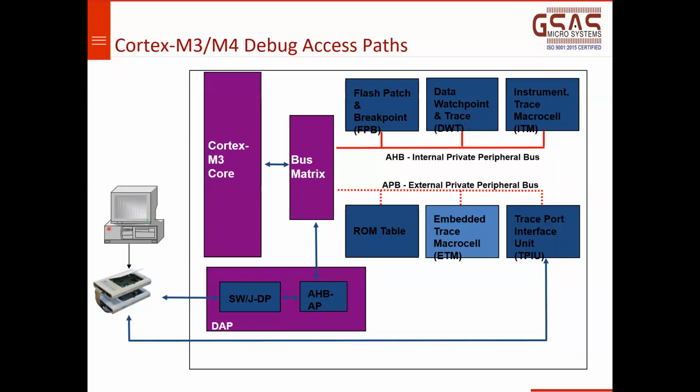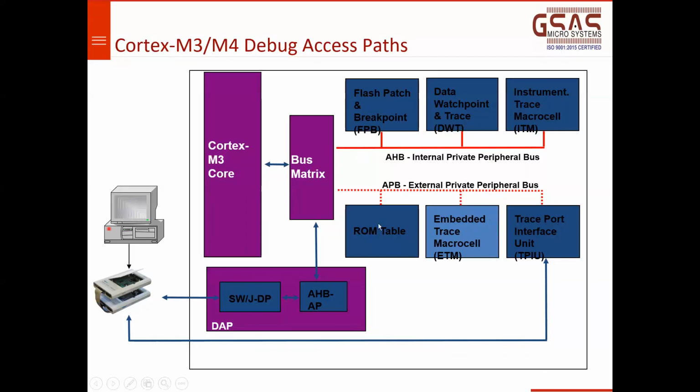But the devices which are connected to the blocks which are connected to the APB may not operate at the same speed as the blocks connected to the AHB, because any components or blocks which are connected to the AHB bus will be directly connected to the CPU core, and they operate at the same speed as that of the CPU.